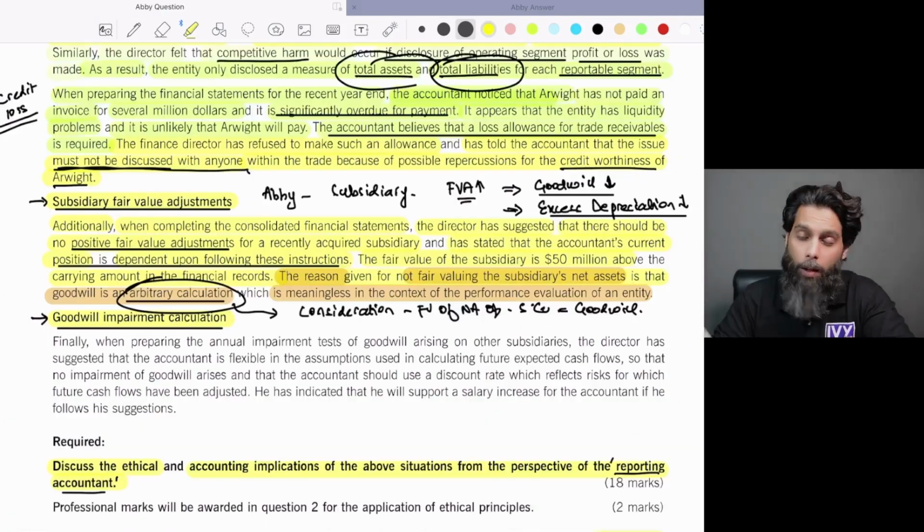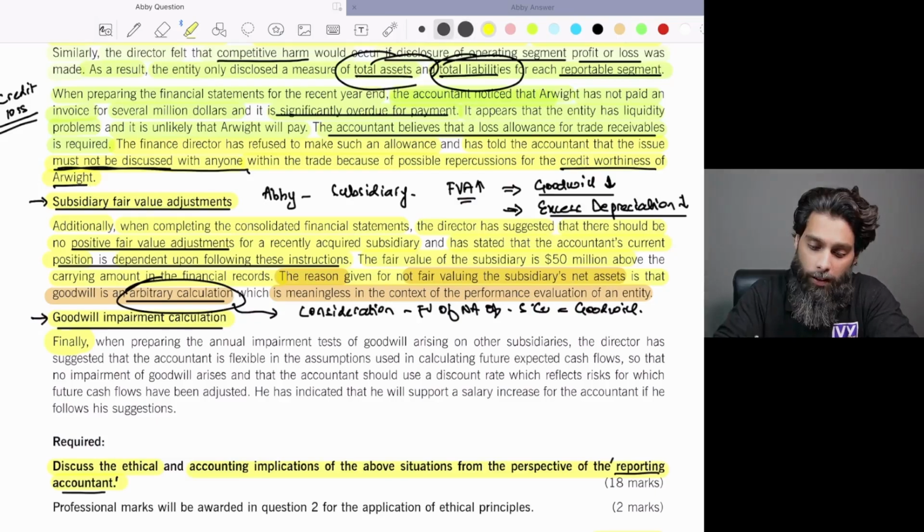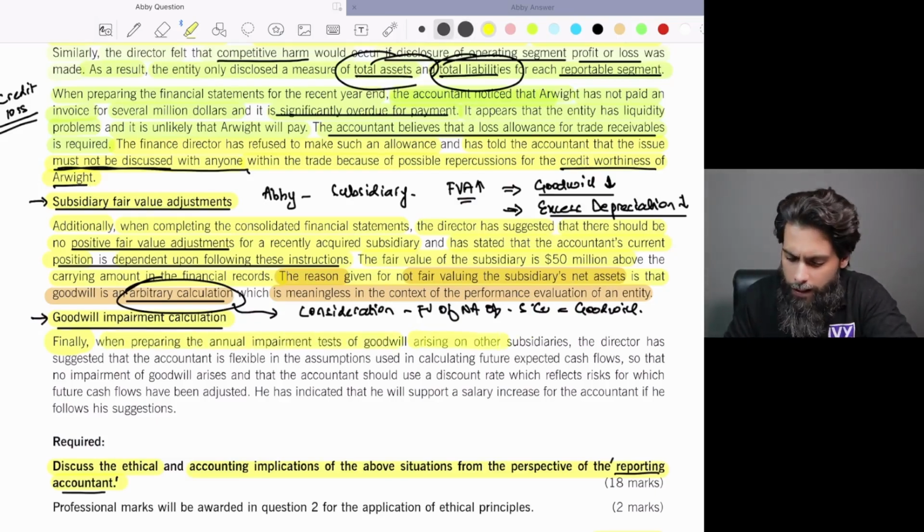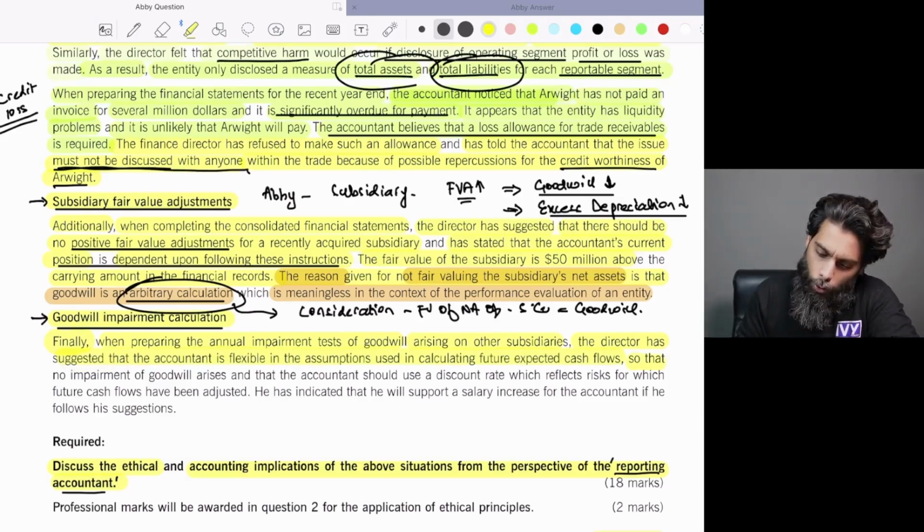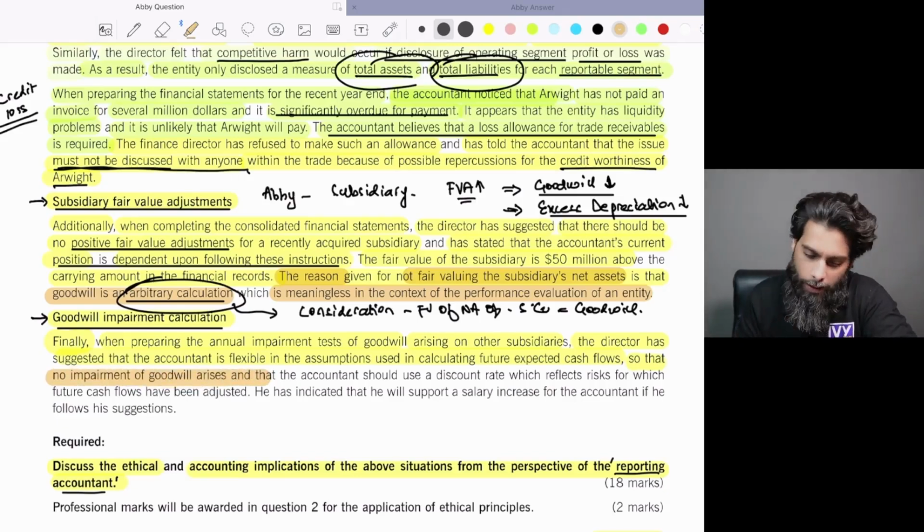Now moving forward to the third paragraph. Examiner says goodwill impairment calculation. All right. Finally, when preparing the annual impairment test of goodwill arising on other subsidiaries, the director has suggested that the accountant remains flexible in the assumptions used in calculating future expected cash flows, so that, being very blunt with you, no impairment of goodwill arises.